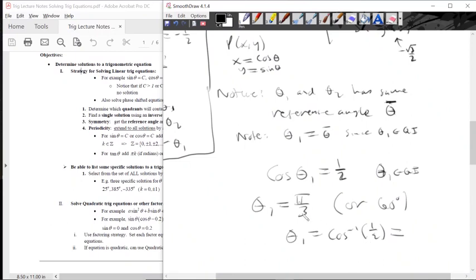If you're in radian mode, you'll most likely get a decimal value, and I would prefer the exact value instead. But in degree mode, you'll get a precise value of 60 degrees. So make sure you can use your calculator to solve any one of these equations for one of your solutions.